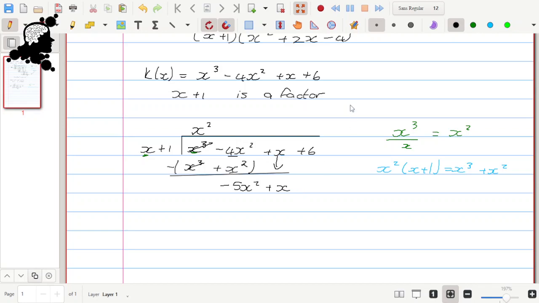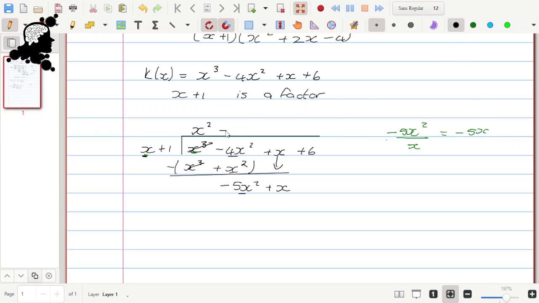Right. Let's move on. So now we're basically going to repeat the process. Let's first start by erasing this. The next step is we take this minus 5x squared and divide it by the first term in our factor, which is x, and this is just going to give us minus 5x.